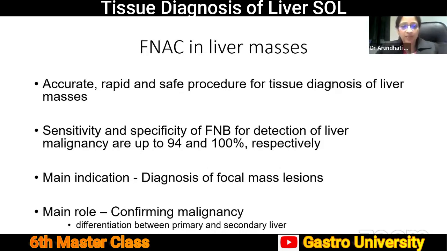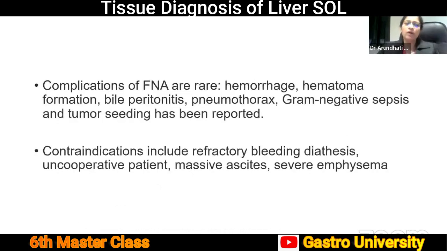The main indication remains diagnosis of focal mass lesions for confirming malignancy, differentiating between primary and secondary malignancies, and in some cases, differentiating between benign and malignant hepatocytic conditions. Complications are rare, with very few contraindications that include a refractory bleeding diathesis, massive ascites, and uncooperative patients.